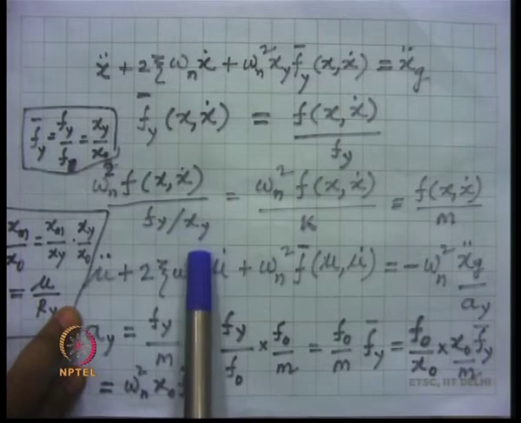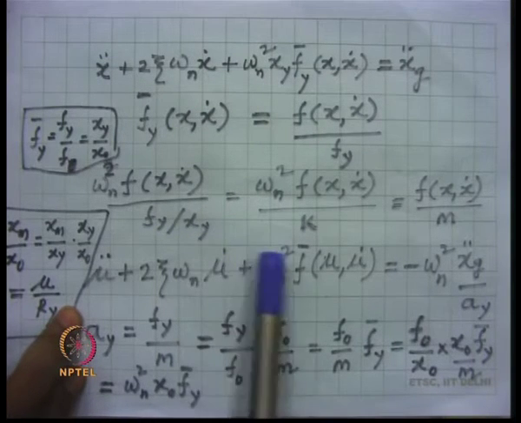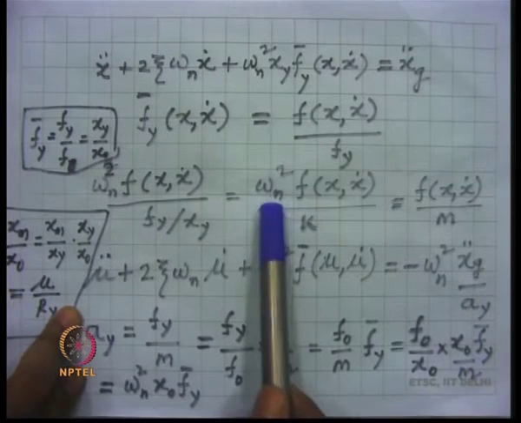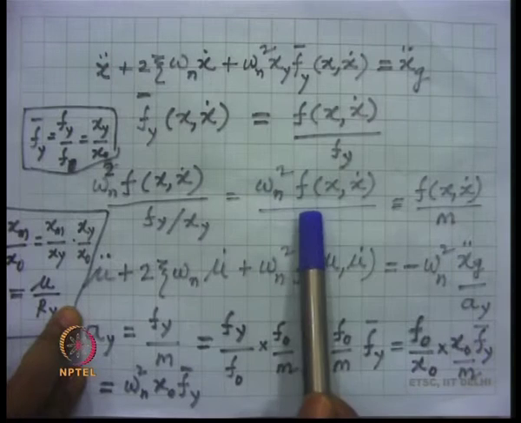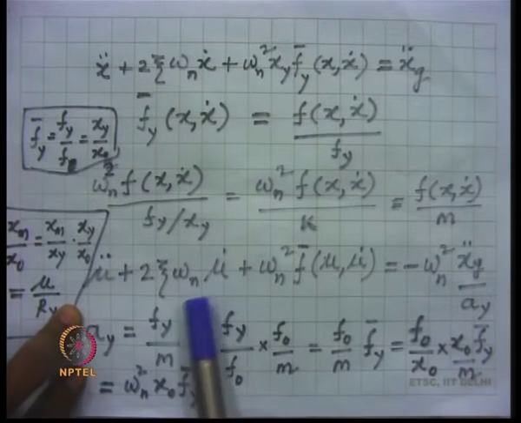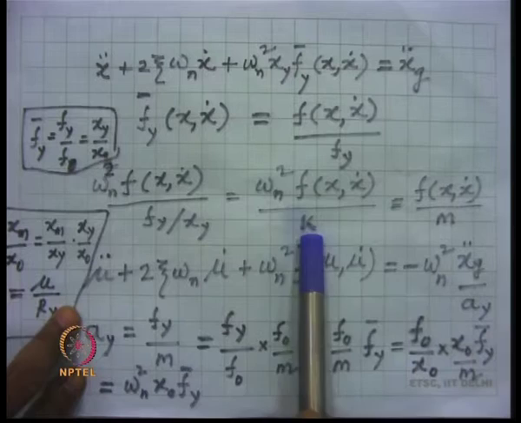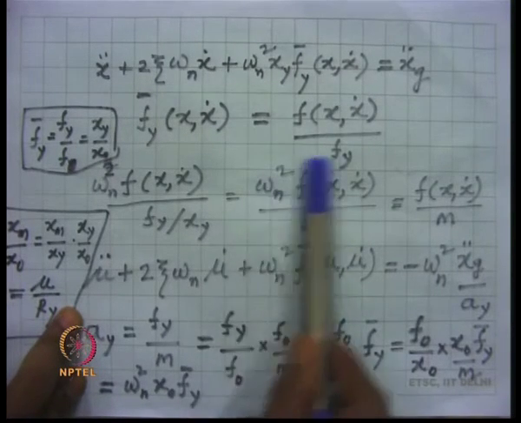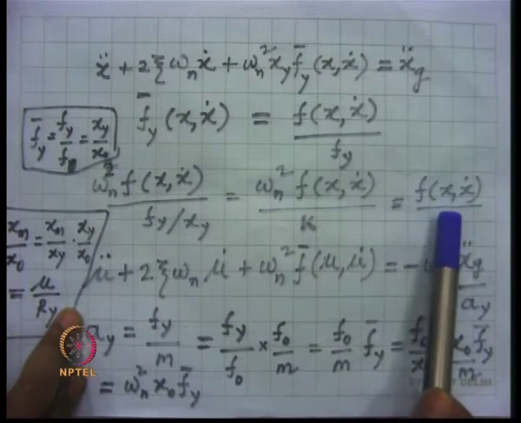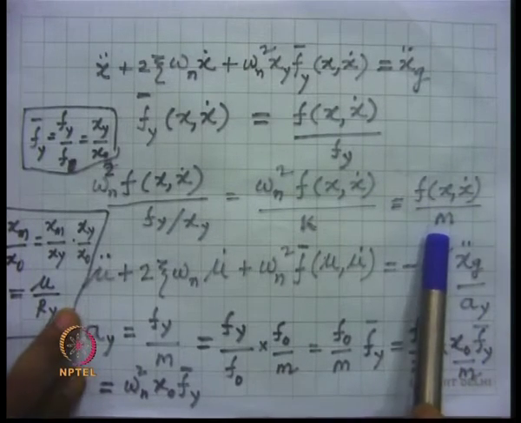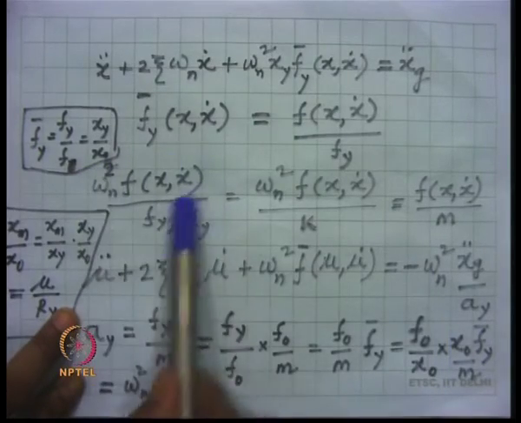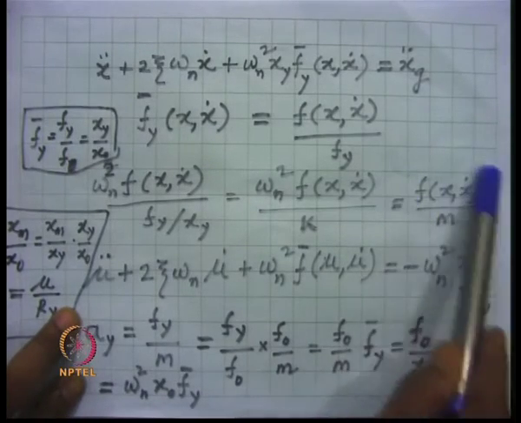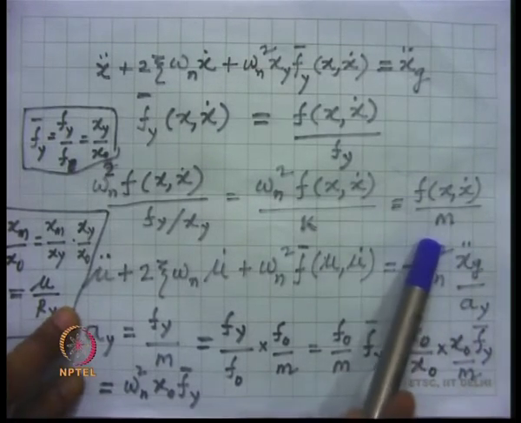Then fy by xy would give the value of k. So, this is replaced by a value of k. So, one can write omega n square f of x comma x dot divided by k. Since k by m is equal to omega n square, this turns out to be f of x comma x dot divided by m. So, this entire expression is simply equal to f of x comma x dot divided by m.